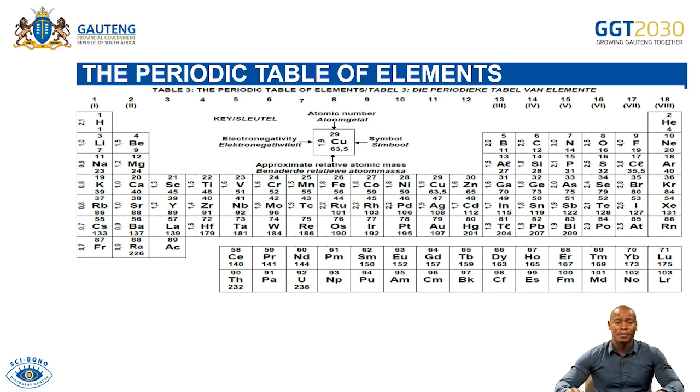Right, if you still remember from grade 10, you talked a lot about the periodic table. So what I want us to look at here is our periodic table. For example, your elements in group 1, the charge is what I want to talk about here because it's going to assist us a lot, just to remind you of what you did in grade 10.